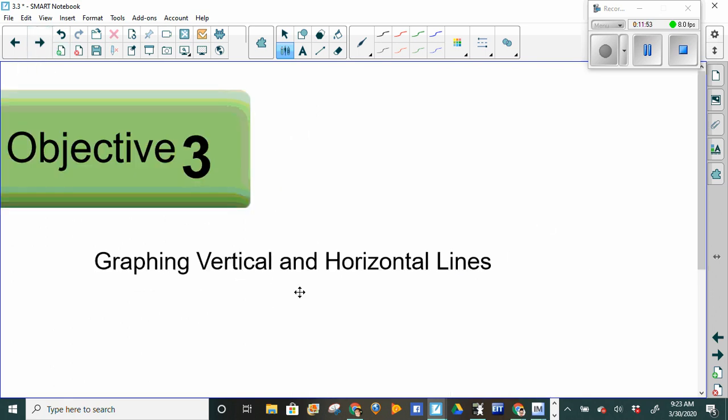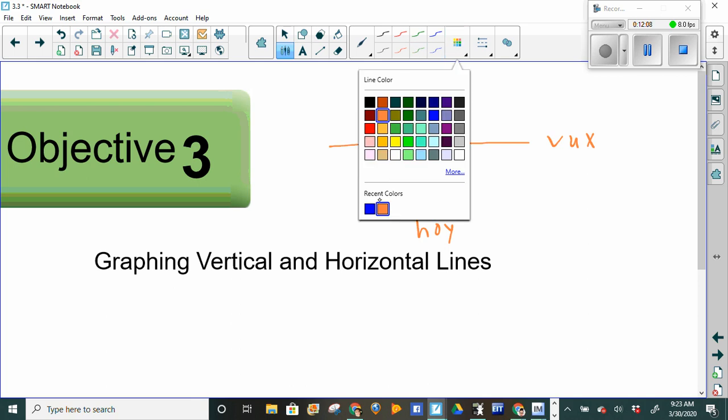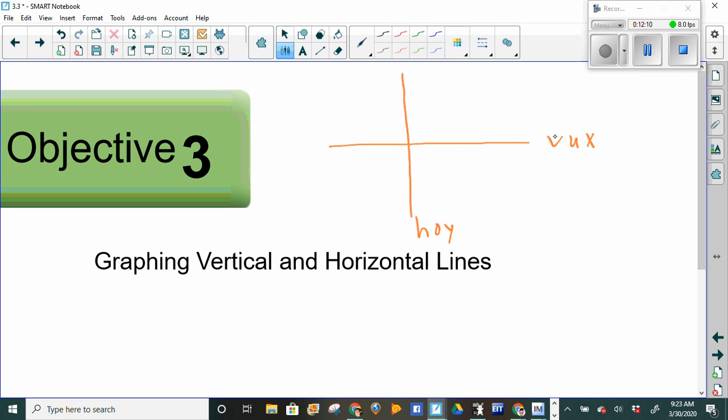So now we're going to graph vertical and horizontal lines. So do y'all remember in class that one day I talked about Vux, Hoy? We went over this on the Elmo that day. So remember that when you have a line that is vertical, let's see, I'm just going to write this out.